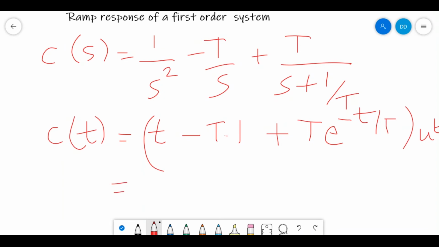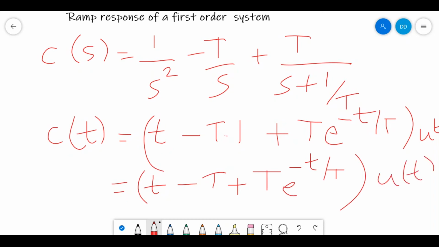So this is t minus T plus T into e to the power minus t by T into u of t. So this particular response, the ramp response, has both a transient term and a steady state term. So t minus T into u of t is the steady state term. This exponential term is the transient term.